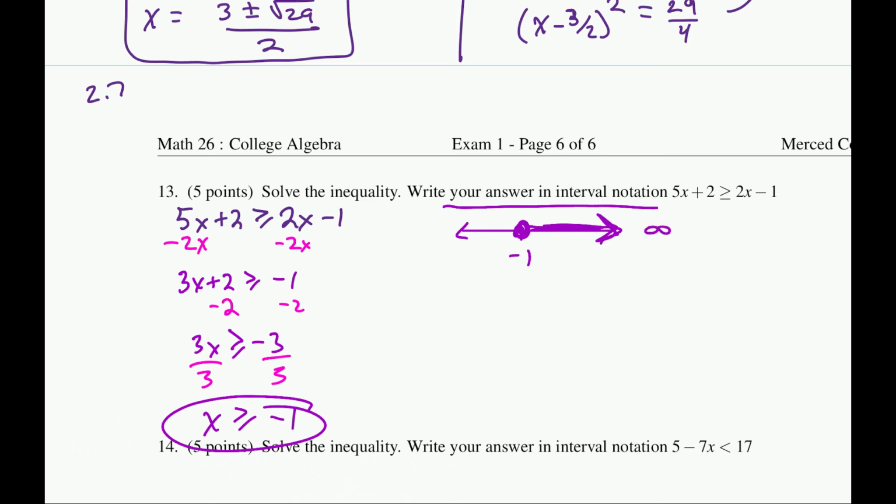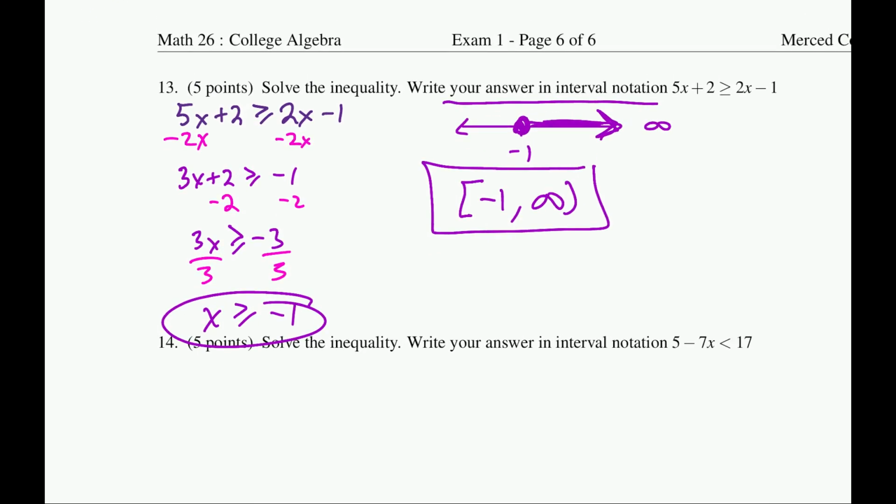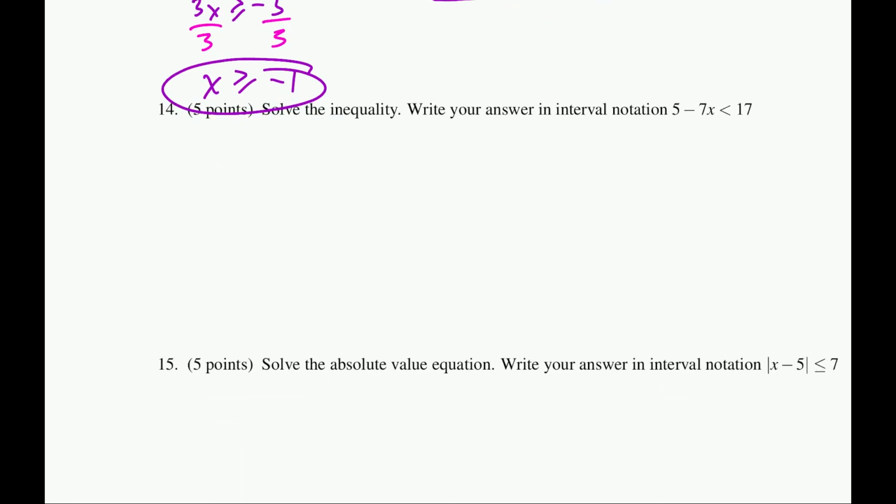So the actual answer is negative 1 up to infinity, square bracket down there, parentheses there. The square bracket because this was greater than or equal. Up to positive infinity because out to the right forever is positive infinity. Okay, so that was a relatively easy one. Not the easiest because we had stuff on both sides of the equation, but easy enough. Let's move on to the next one.